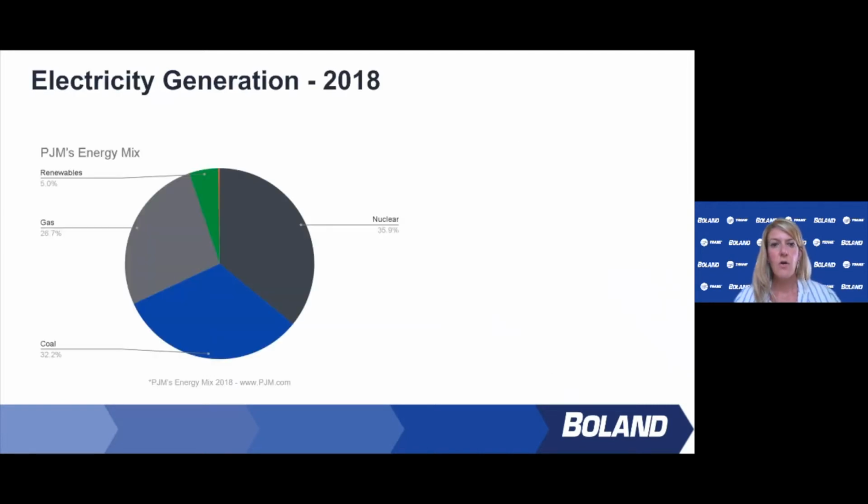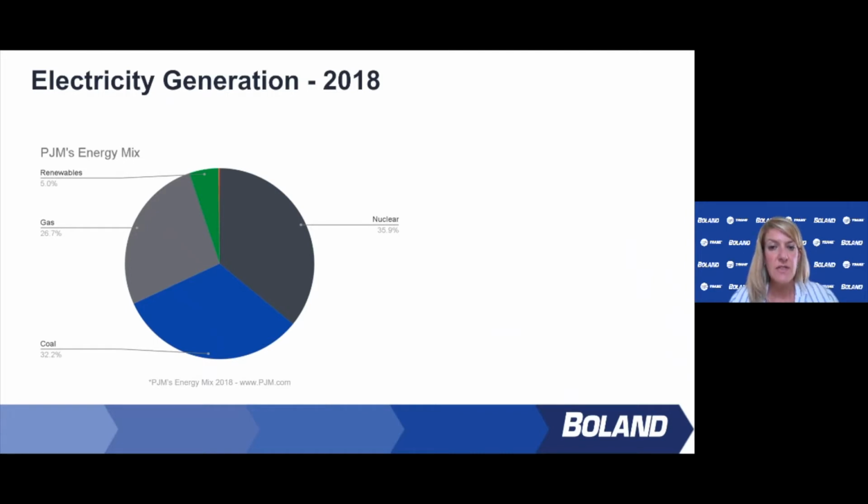All right, so we want to talk a little bit about where our energy comes from. This depends on where you're at geographically, but you can see here in this pie chart the energy mix for our region. Please note this was in 2018, but it's the most recent one that's been published for our region.